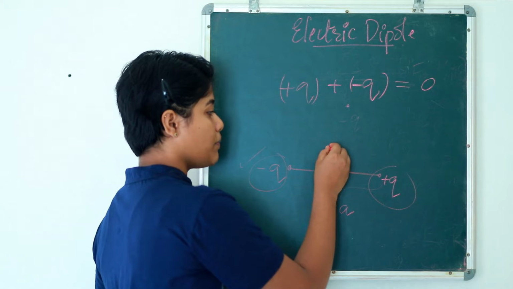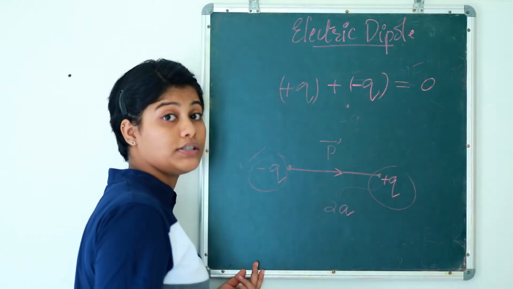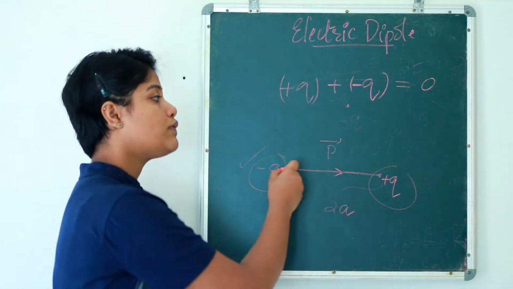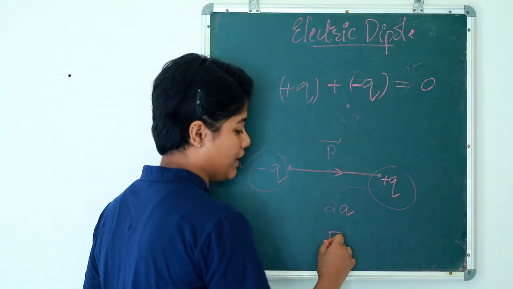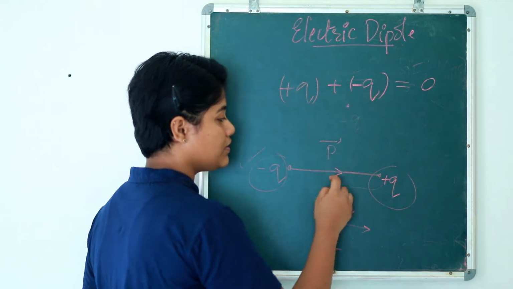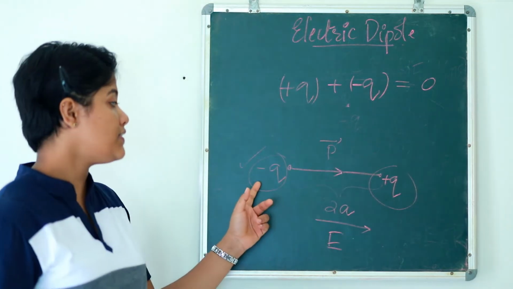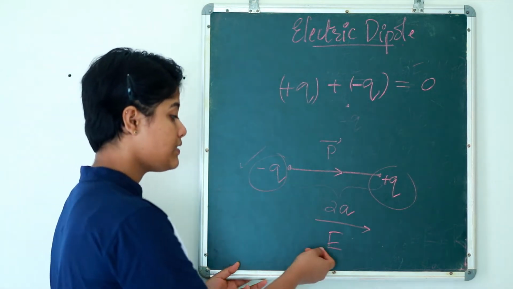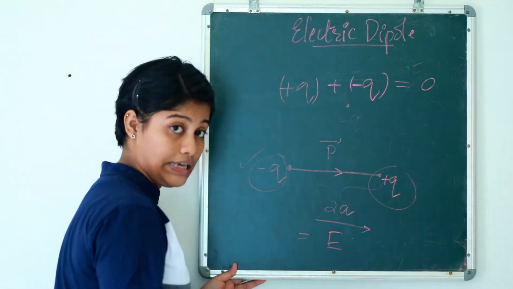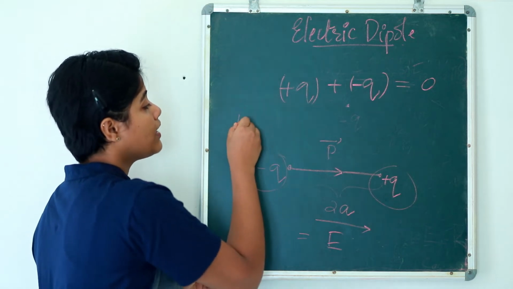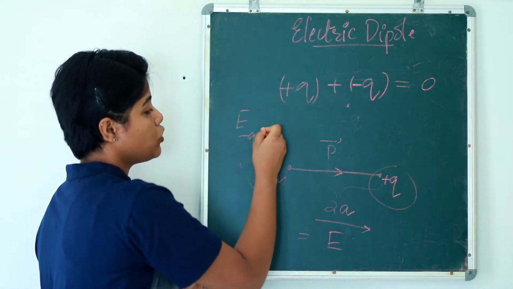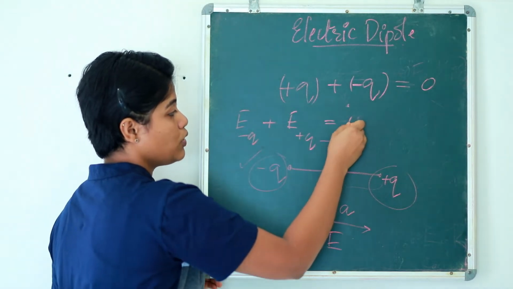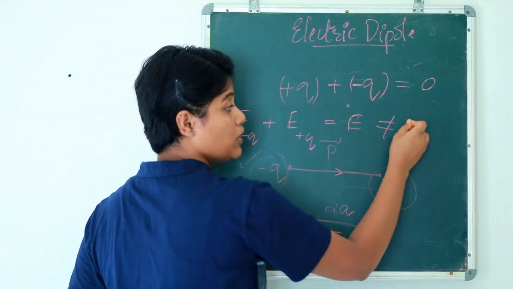And we mark the dipole moment as P, and it's a vector quantity. Dipole moment is a vector quantity and always takes the direction of the electric field. Since these two charges each have a field of their own, the net electric field is the sum E minus q plus E plus q, which is equal to E. That is never equal to 0.